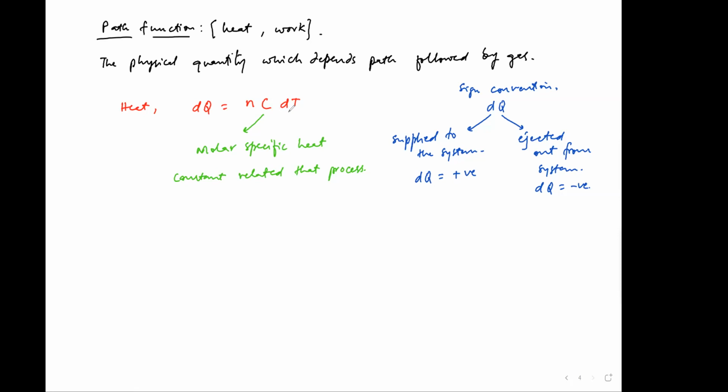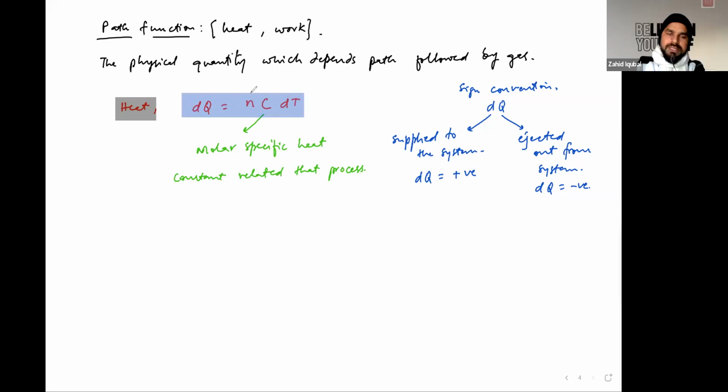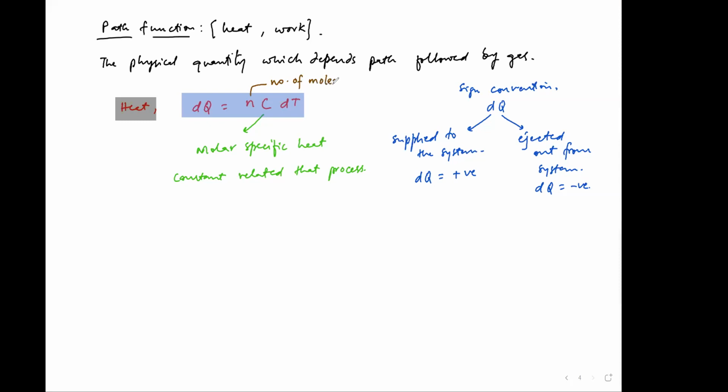Yes, sir. Okay, just write it down. What is n here? Number of moles. Good.